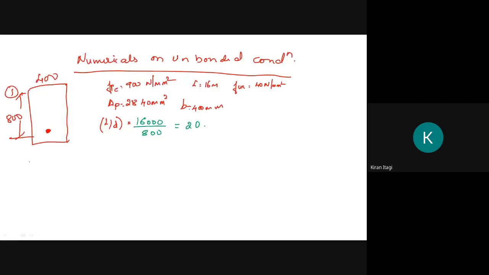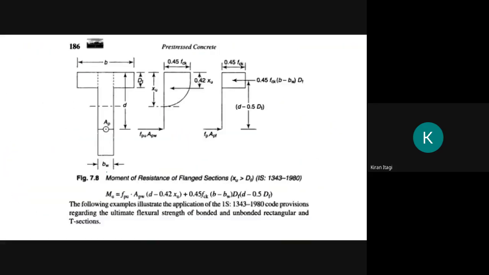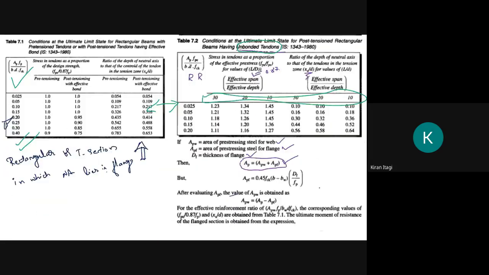Okay, then what should I do? The next thing is that I should determine the reinforcement ratio. How will we determine the reinforcement ratio? We should see another table, here, this one, because it is unbonded tendon. Here you can see it is unbonded tendon and effective span by effective depth, how much is it? 20. Okay, here we have 20.